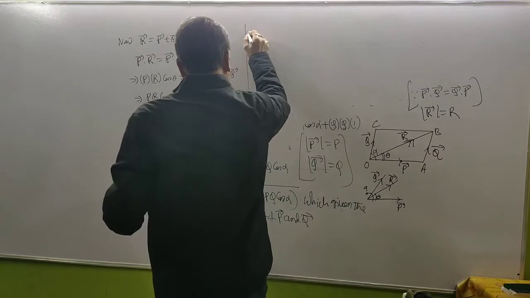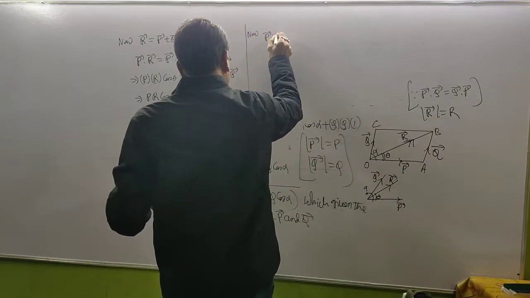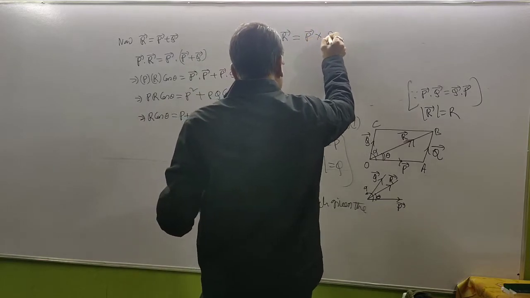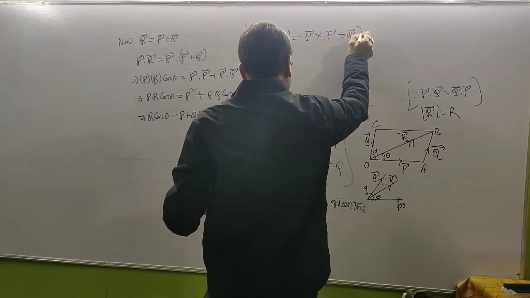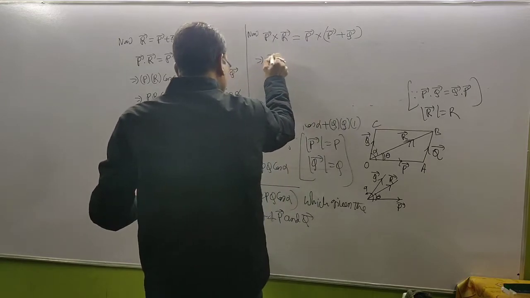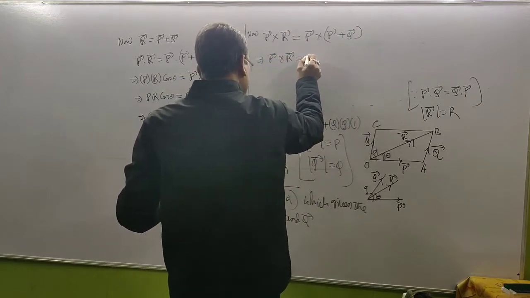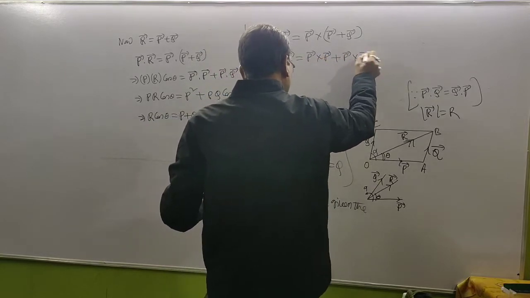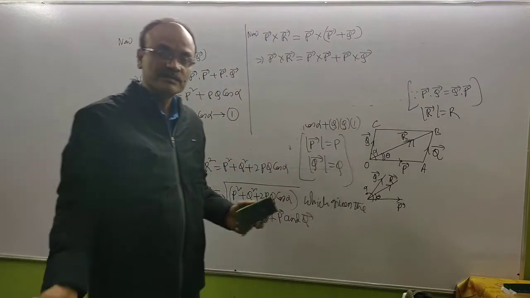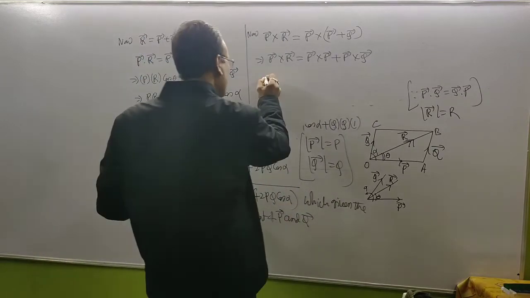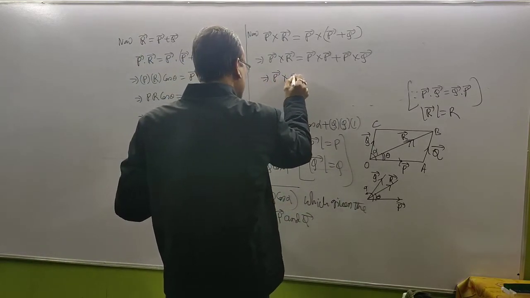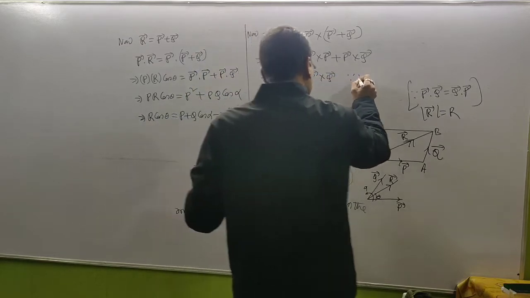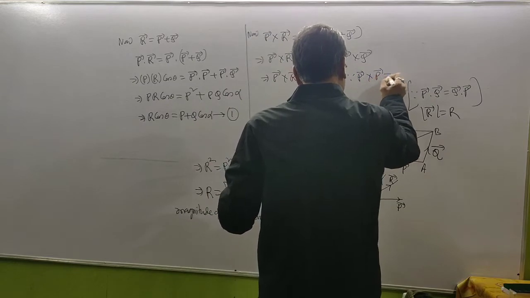Now take the cross product with P, then you will get P vector cross P plus Q. This means P cross R vector equal to P cross Q, since P cross P vector equal to 0.